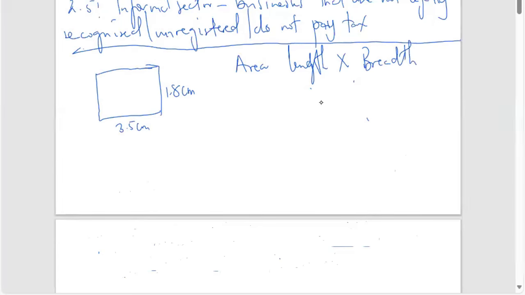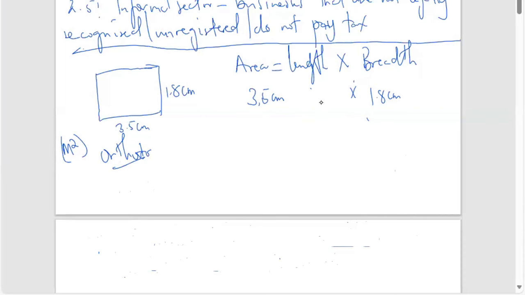Remember, our answer must be in square meters. Our length is 3.5 centimeters and our width is 1.8 centimeters. Remember, this is an extract from an orthophoto. Always remember to take note of the map that you are using. It's from an orthophoto, so our map scale is 1 to 10,000.